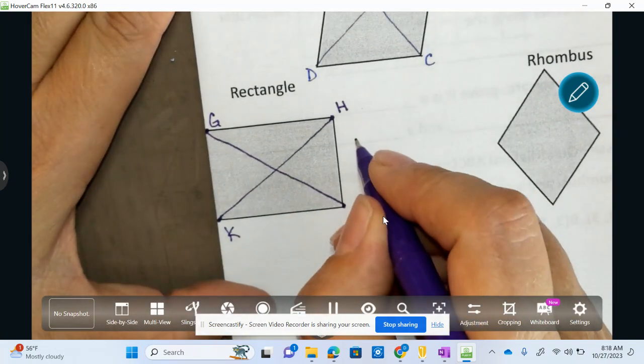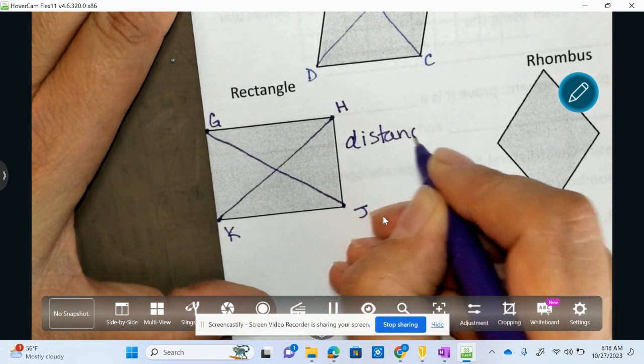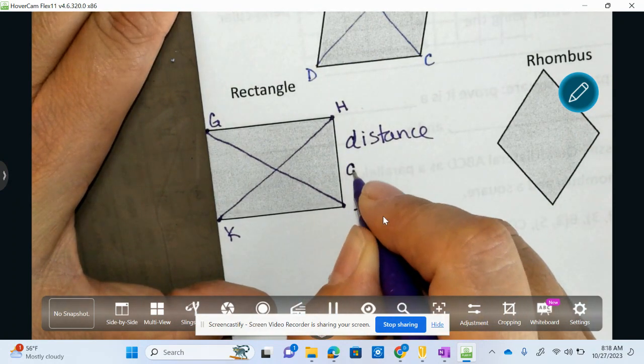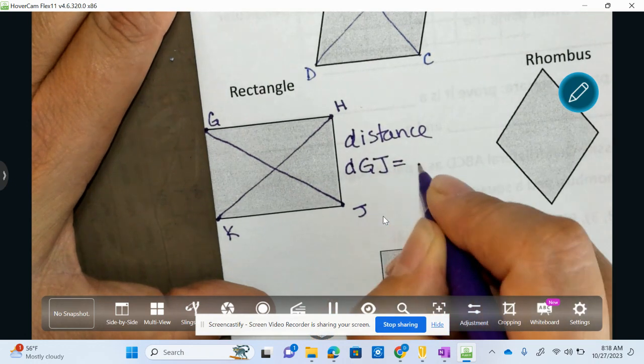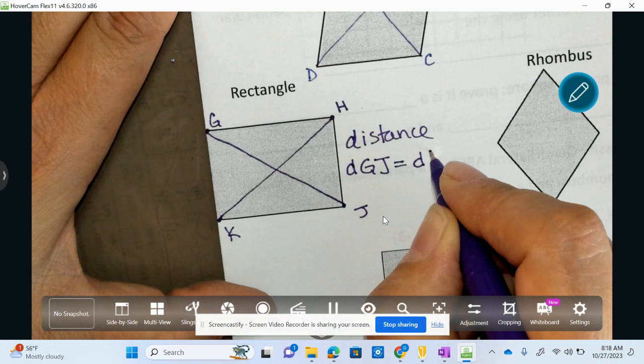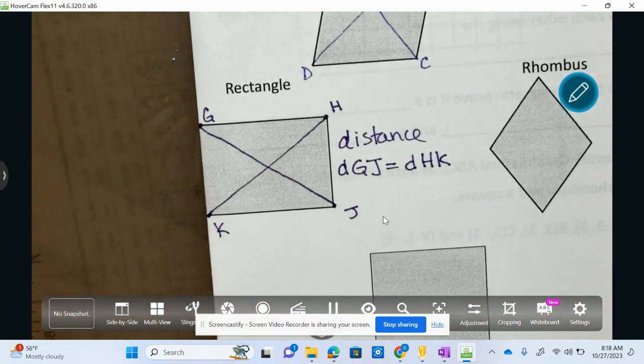So we're going to use the distance formula, and we're going to show that the distance of GJ is equal to the distance of HK. That's how we do that.